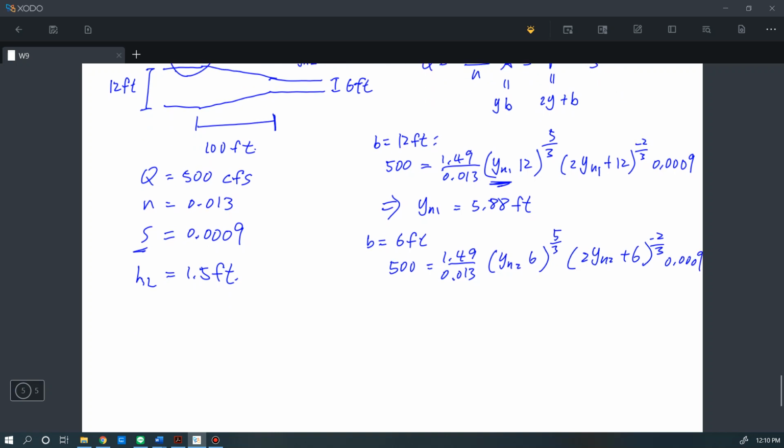Then again use your calculator to solve this equation. You can get yn2 is equal to 13.4 feet.